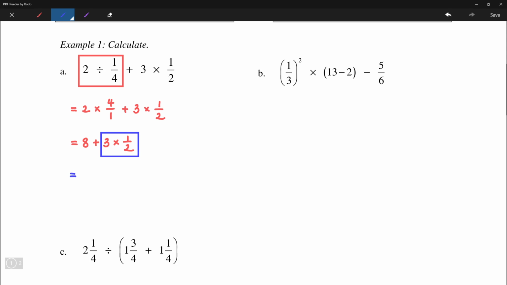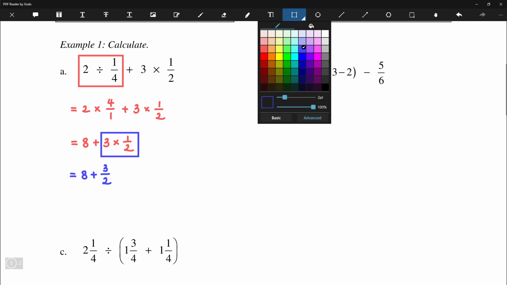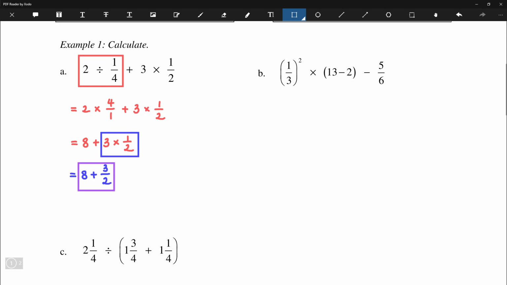So we have 8 plus 3/2, which means we can add these together as the final step. And that will give us 8 and 3/2, which of course can be rewritten as a mixed number 9 and 1/2. And that will be our final answer.